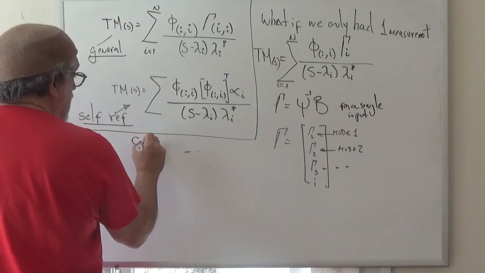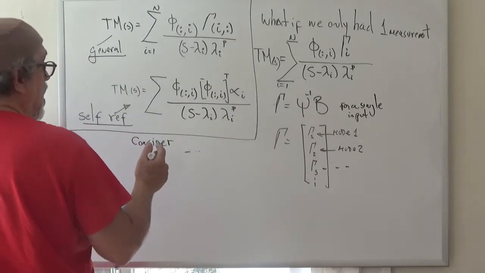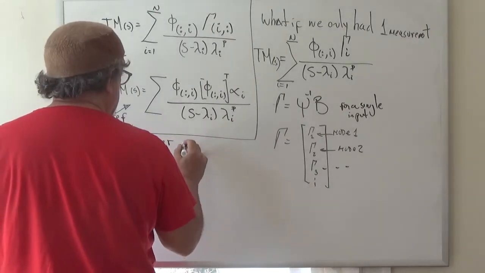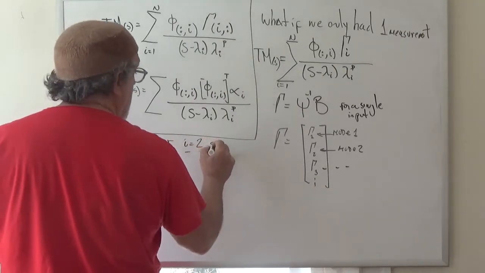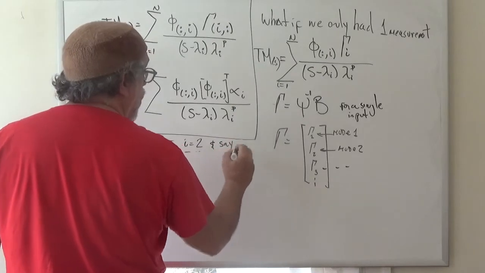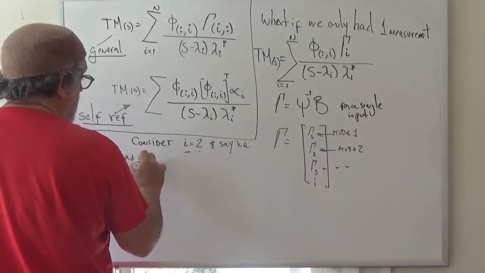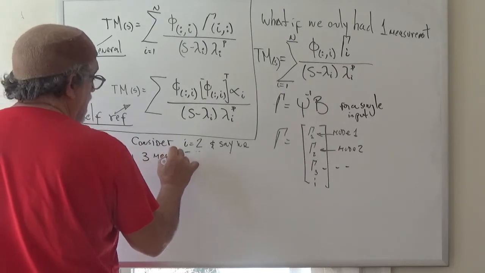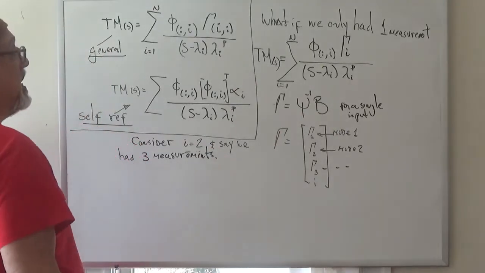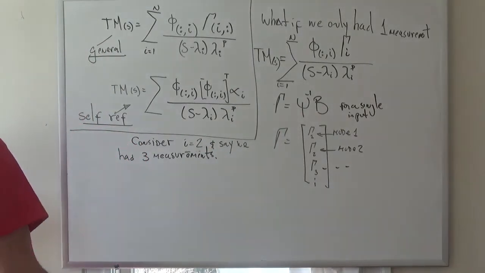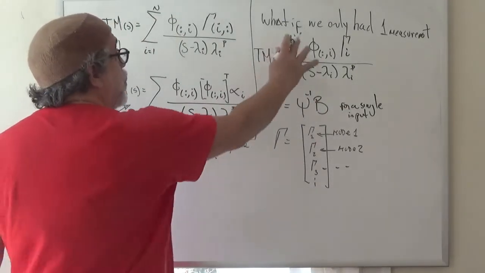Consider, for simplicity, I equals 2, and say we had 3 measurements. Okay, so let's say there are 3 measurements, and I want to evaluate this thing, and I am looking at I equal to 2.